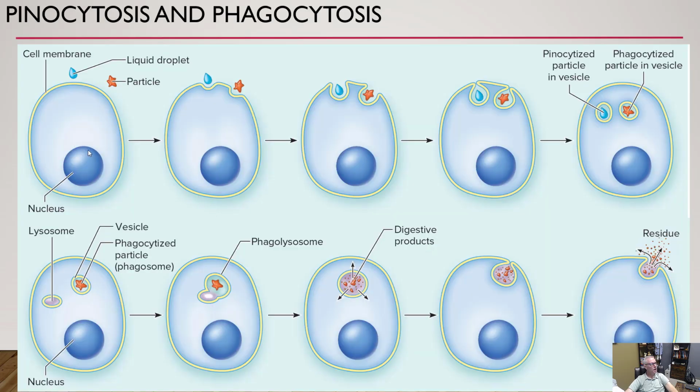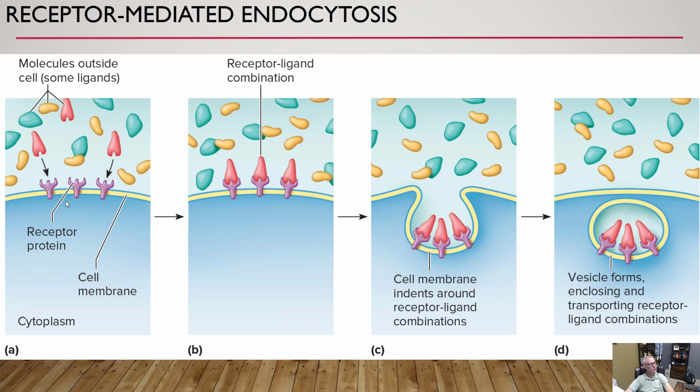Okay, so this is pinocytosis and this is phagocytosis. And basically, we'll see that the cell starts to engulf the particle, and eventually the particles are inside the cell in a vesicle. Receptor-mediated endocytosis.